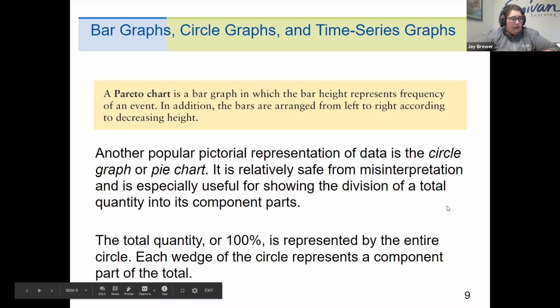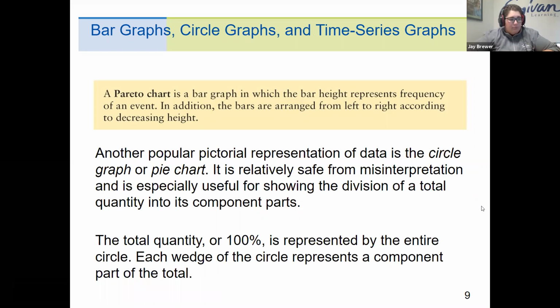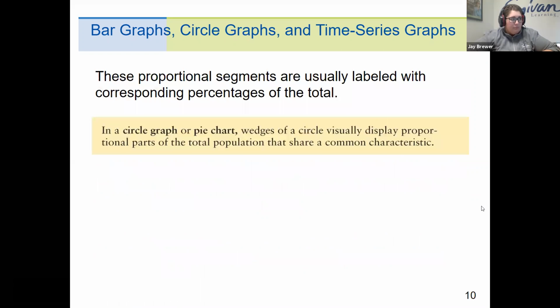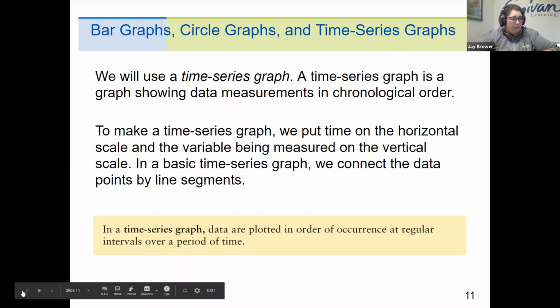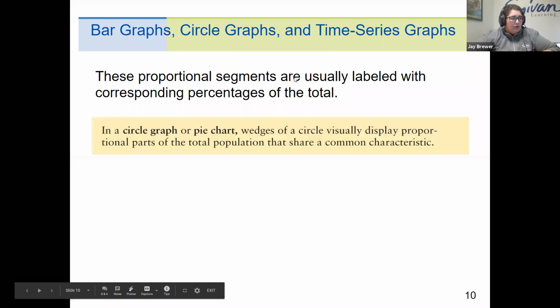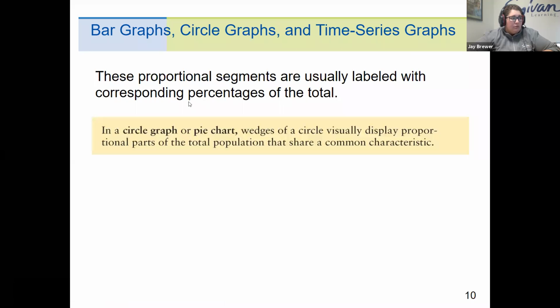The total quantity of 100% is represented by the entire circle, with each wedge representing a component of the total. So proportional segments are usually labeled with corresponding percentages of the total. In a circle graph or a pie chart, wedges of the circle visually display proportional parts of the total population that share the common characteristic.